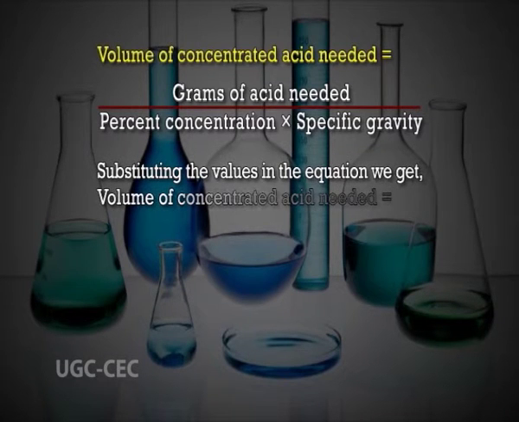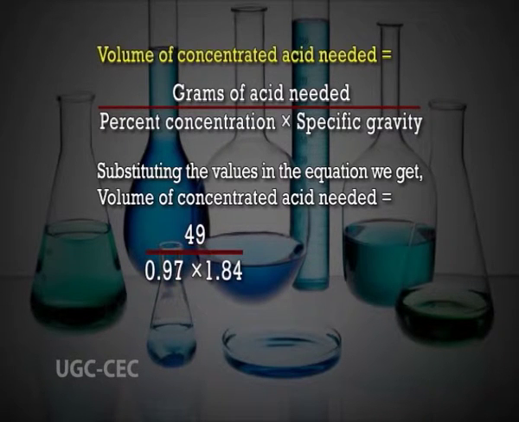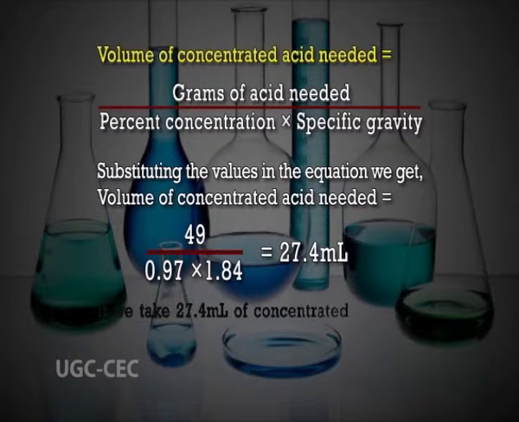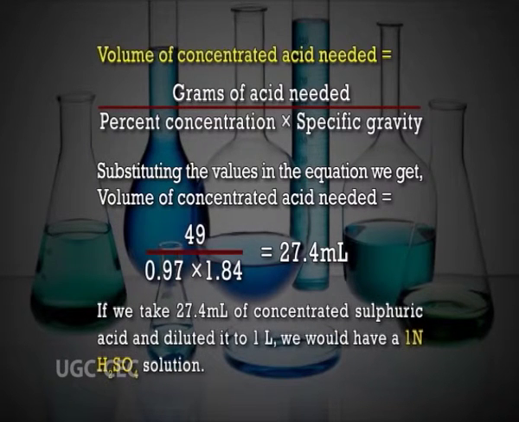Substituting the values in the equation, we get volume of concentrated acid needed is equal to 49 divided by (0.97 times 1.84), which is equal to 27.45 ml. So, if we take 27.4 ml of concentrated sulfuric acid and dilute it to 1 liter, we would have a 1 normal H2SO4 solution.